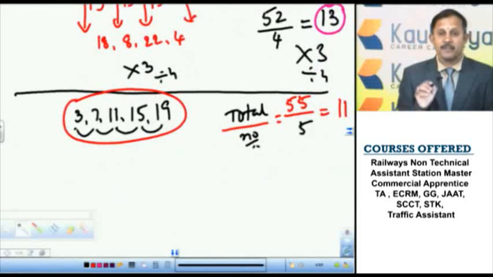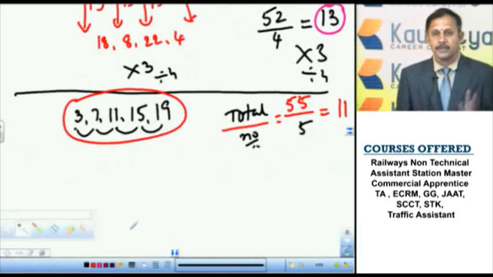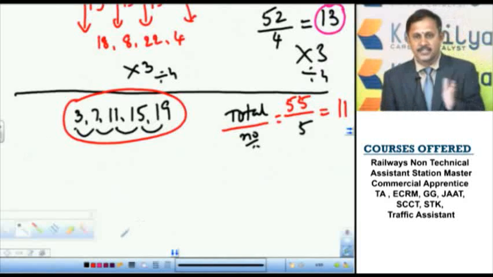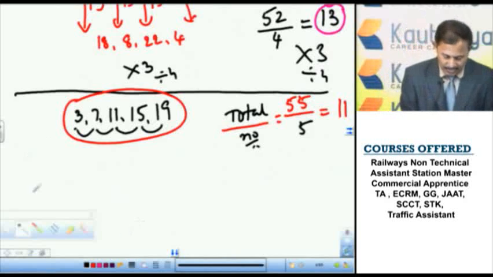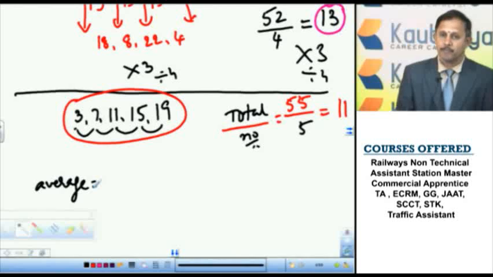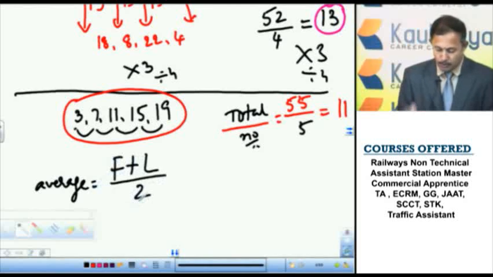If the difference between successive elements is constant, then the average can be obtained by using the formula first element plus last element by 2.